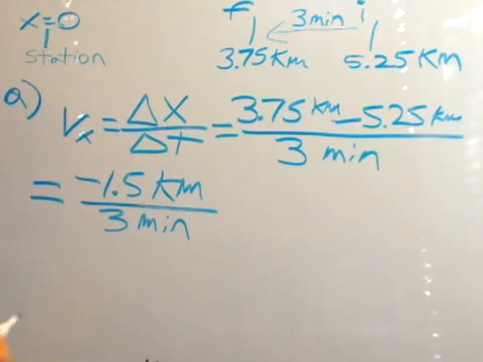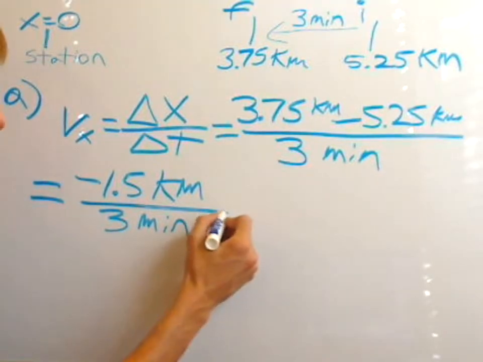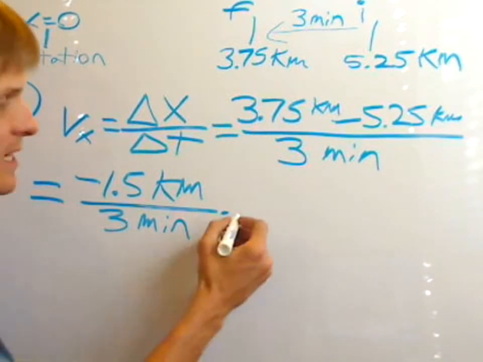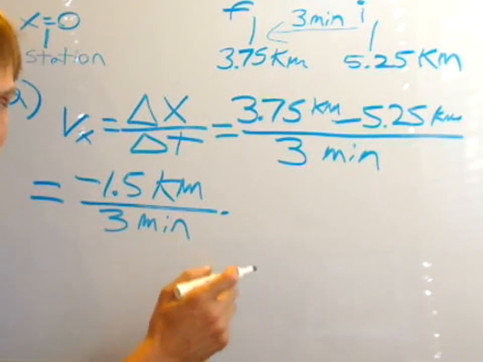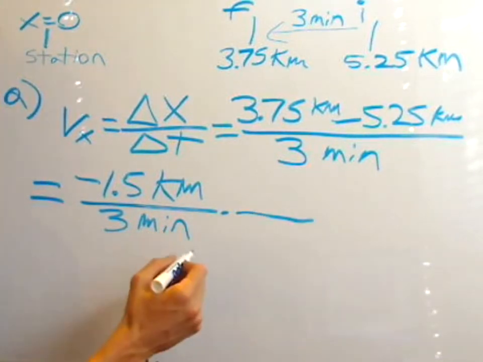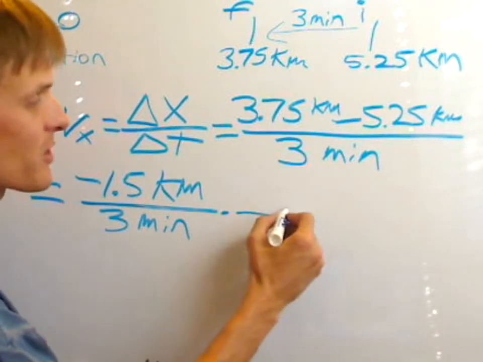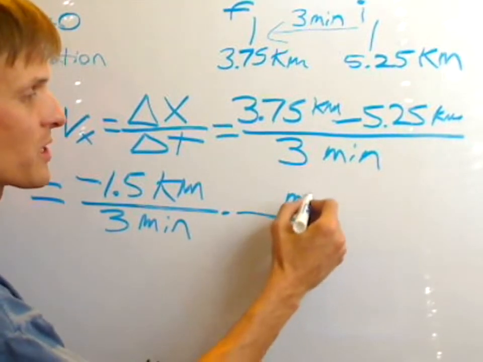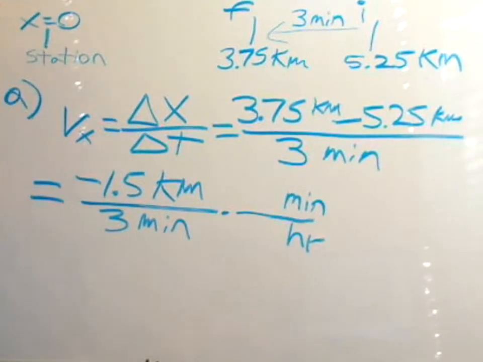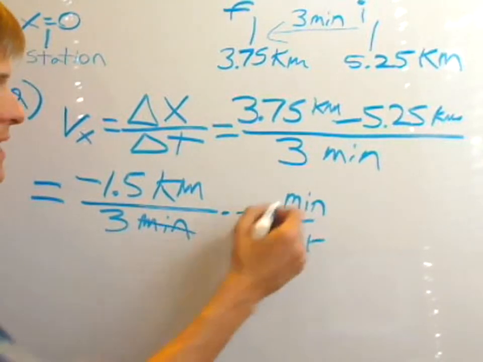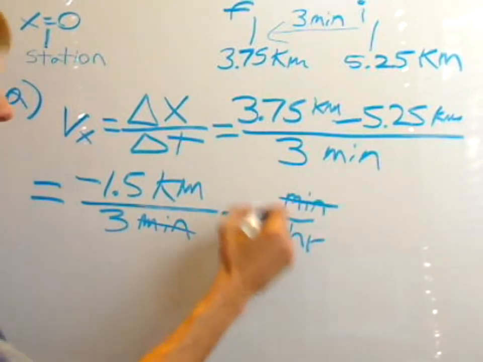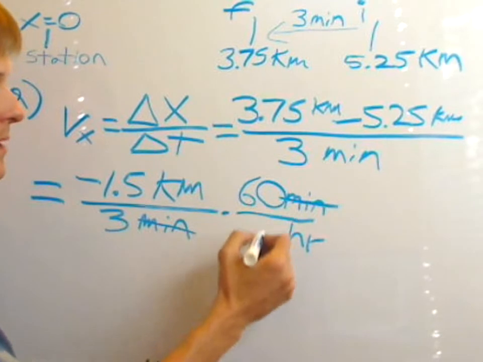Now, remember our unit conversions here. We want to get this in kilometers per hour, so we need to convert minutes to hours. We want to do it in such a way that the units work out. So the only way that's going to work out is if we do some kind of conversion in minutes per hour. If we do that, the minutes will cancel out and we'll be left with kilometers per hour. And there are 60 minutes in 1 hour.